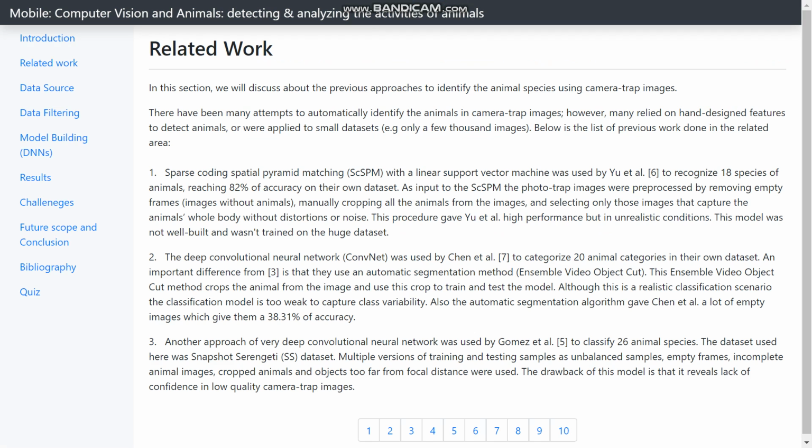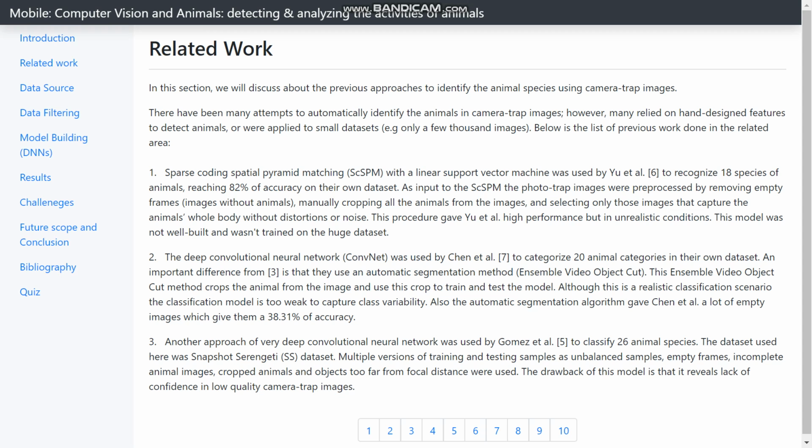Here I did some research about related work done before. There have been many attempts to automatically identify animals in camera trap images. Camera traps are basically cameras placed inside the sanctuaries, and they capture an image whenever a movement triggers them.